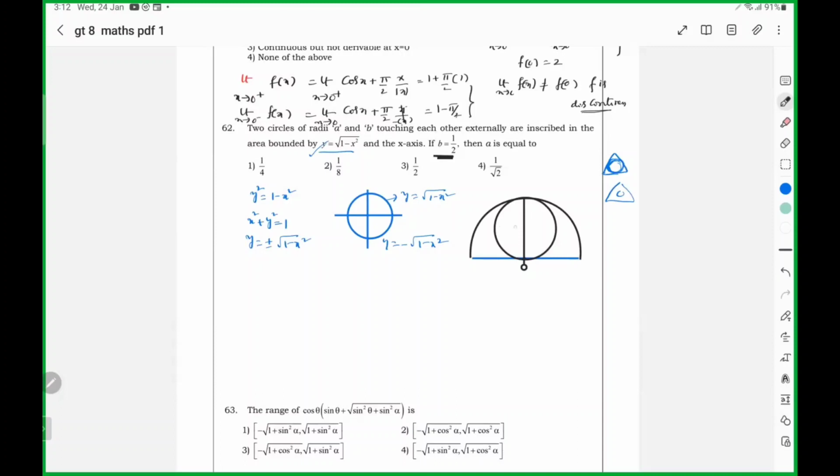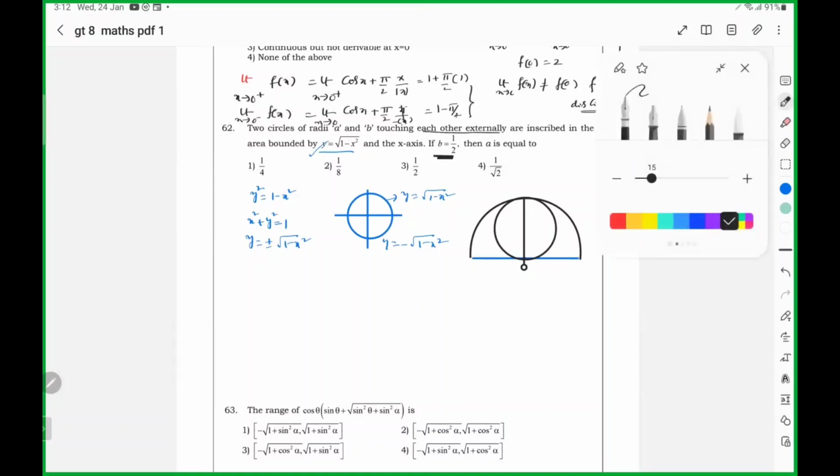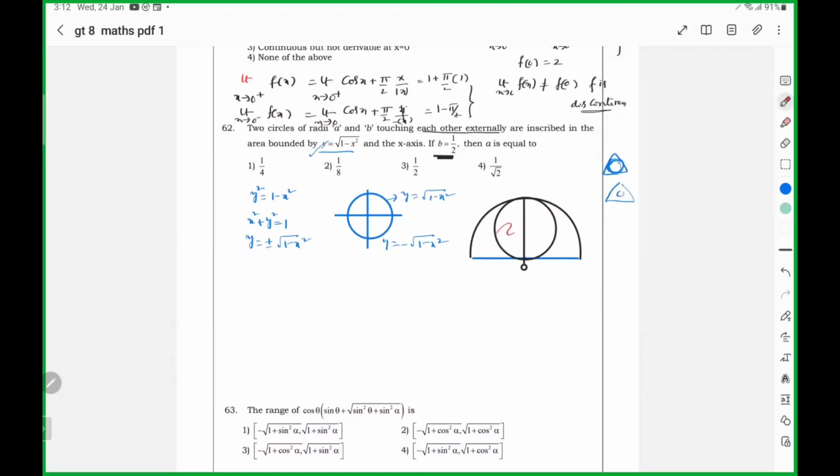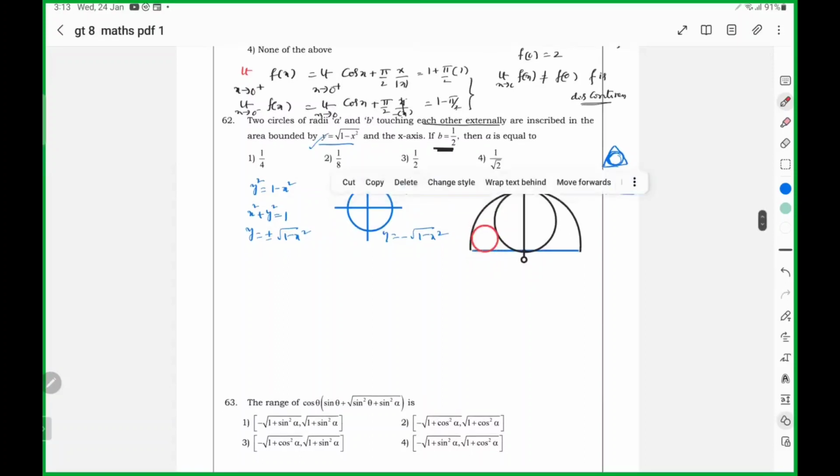And the other circle touches externally, as well as inscribed. So it is inscribed as well as it should touch the first one externally.